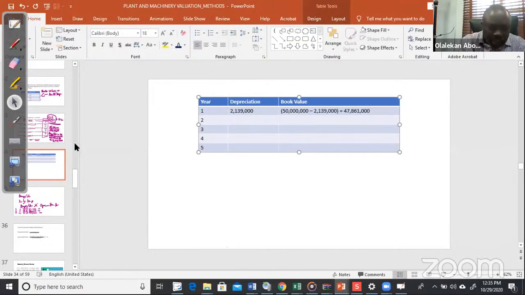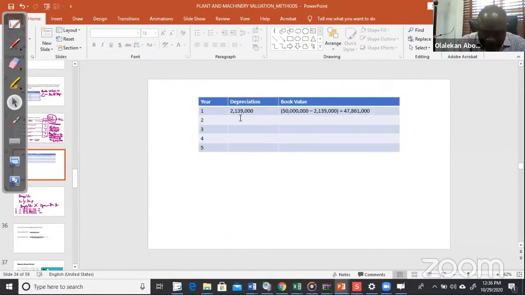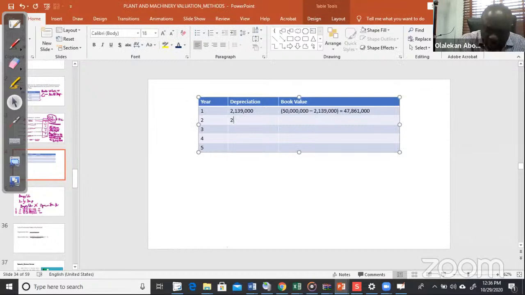Year two, what's the depreciation for year two? 2,790,000. Thank you. Now here you will have this one, which is 47,861,000, minus this figure now, which is 2,790,000.